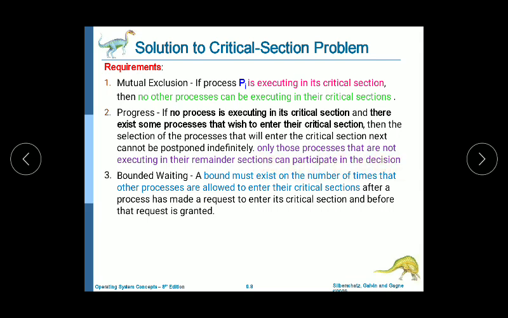For example, your classroom is free, that is no faculty is engaging the class, and there exist some other faculties, those who wish to take the class. Consider that scenario. Class is free, no one is engaging, and some other faculties are eager to enter your class. Then who will enter? The selection of the processes that will enter the critical section next cannot be postponed indefinitely.